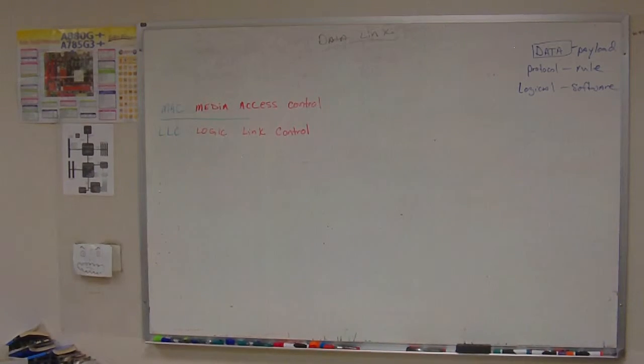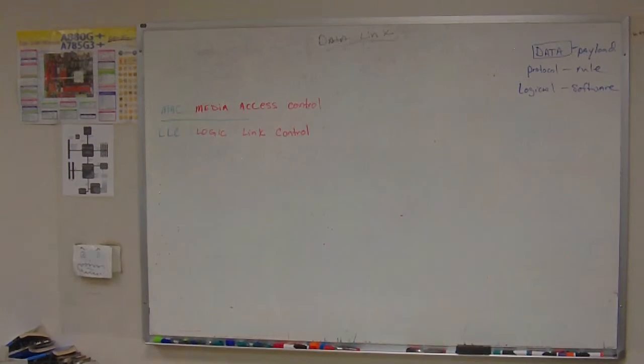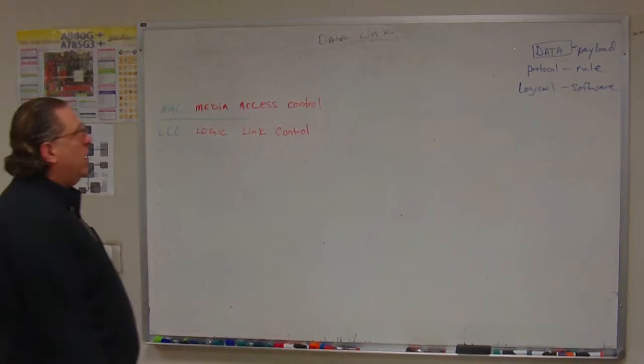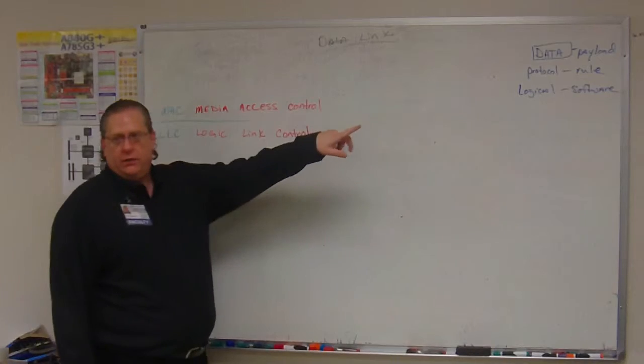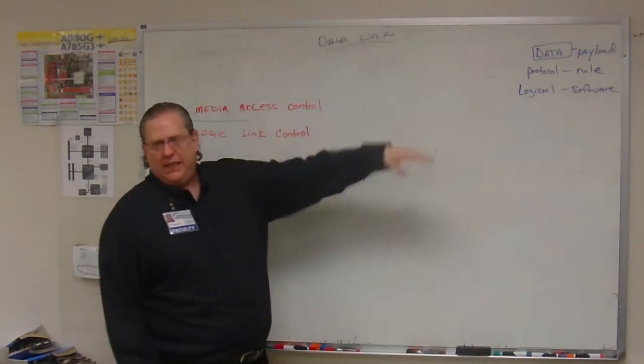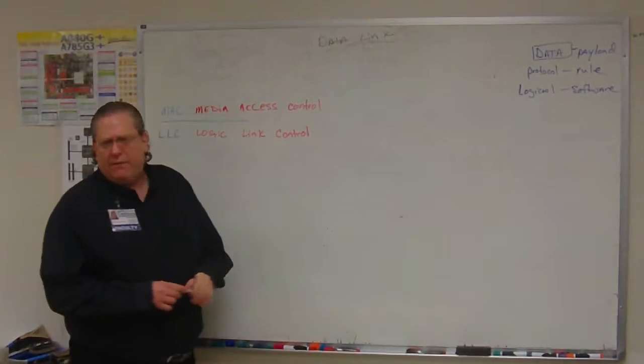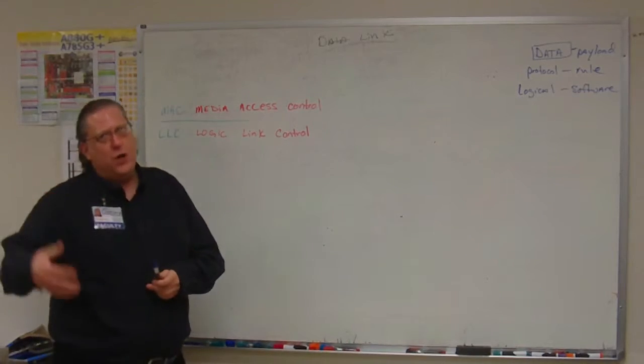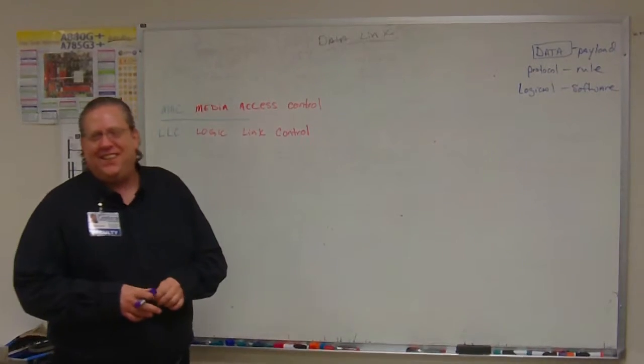Alright, so we know what control means, right? And we know what access means, right? And we know what link means, because we use these words pretty much every day, right? Oh, let's look over there. We got a word that we can replace. Do you use logic every day? Yeah. As a word in a sentence, I hope you do use logic every day.